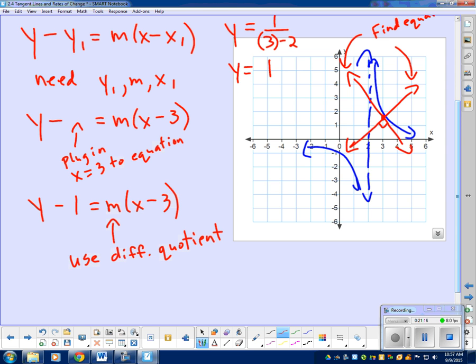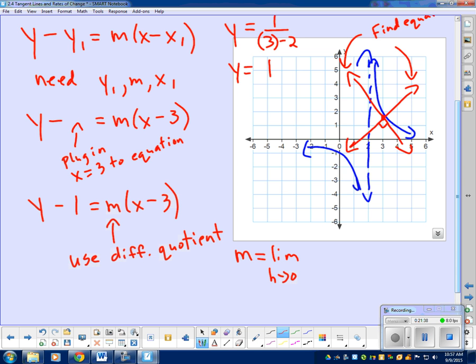So we use a difference quotient to get m. And the difference quotient says, we'll do that over here, m equals the limit as h approaches 0 of f of a plus h minus f of a over h.